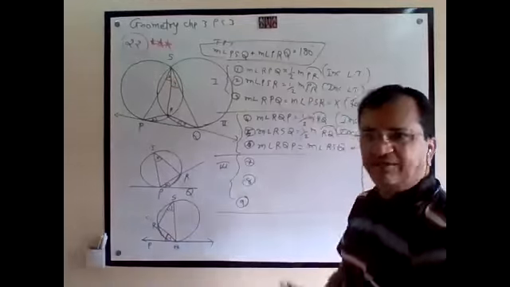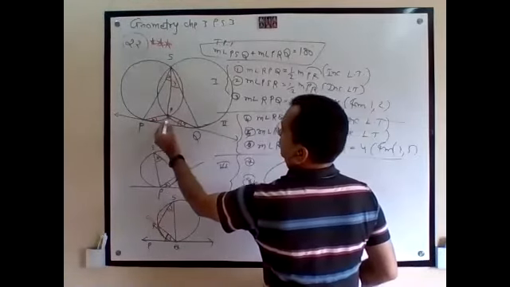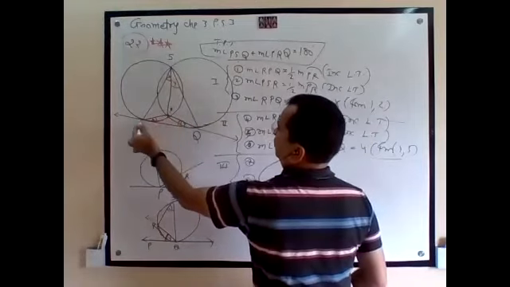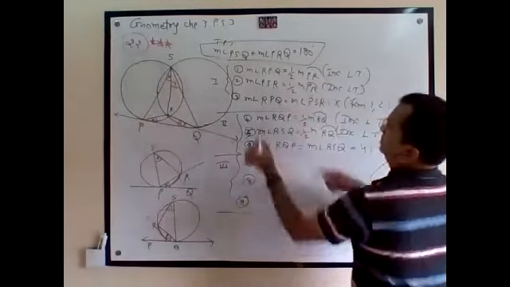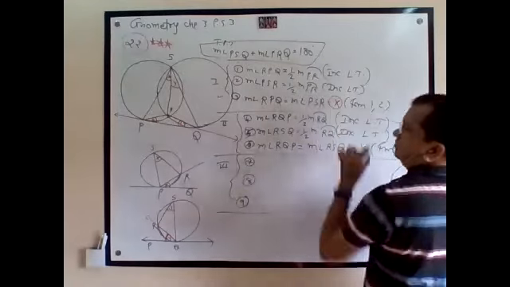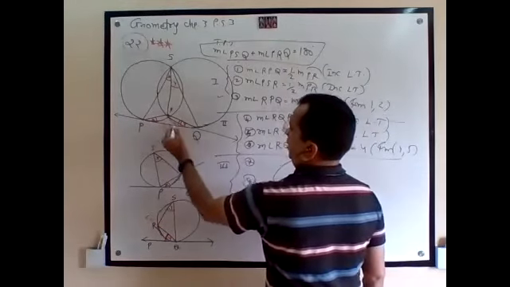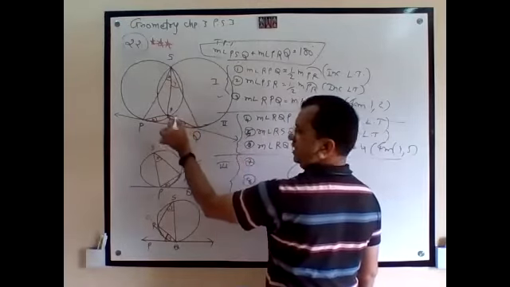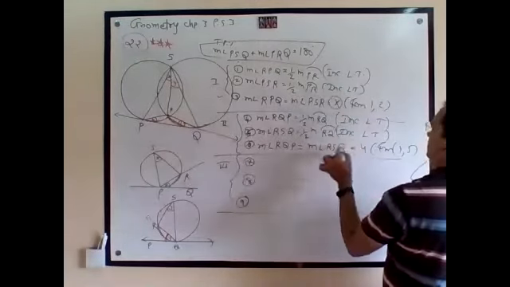Again, 1, 2, 3, what have I done? X is equal to this half arc. This x is equal to half of this arc. That's why both are equal. Now y is equal to half of this arc. Y is half of this arc. So y and y are equal.